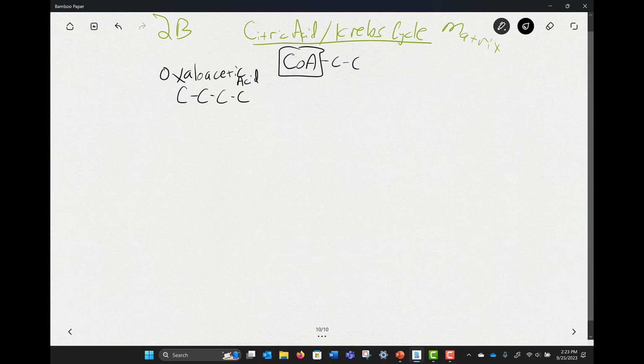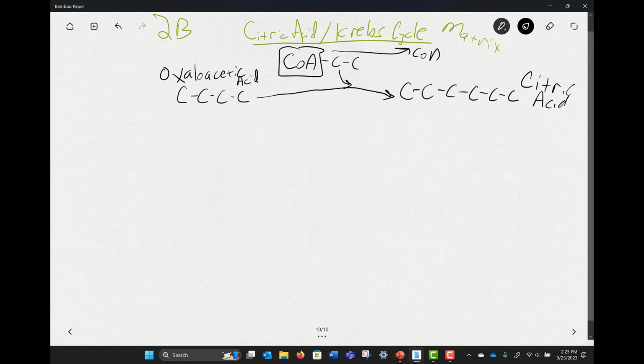When that happens, coenzyme A is going to pass this 2-carbon compound off to oxaloacetic acid, and now we have a 6-carbon compound called citric acid. Citric acid. Coenzyme A leaves to go do the same thing again.